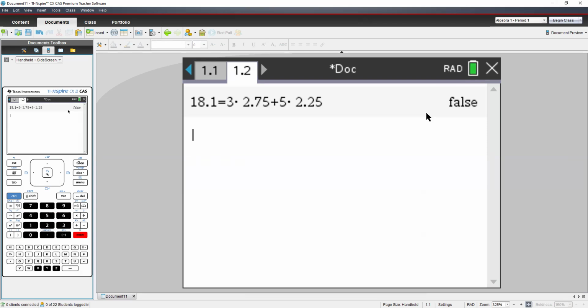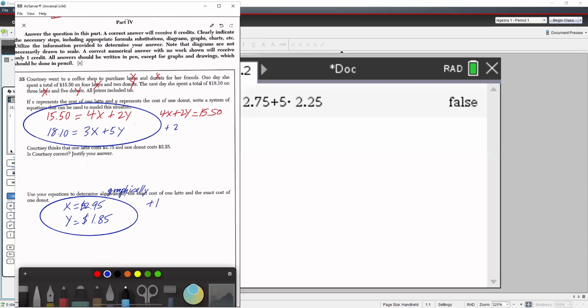Say that. Write that on the paper. Courtney was capping. She's wrong. We tried her prices and it didn't get to $18.10. So yeah, write that. Courtney was capping, because her prices didn't work. Her prices were wrong. We checked them.